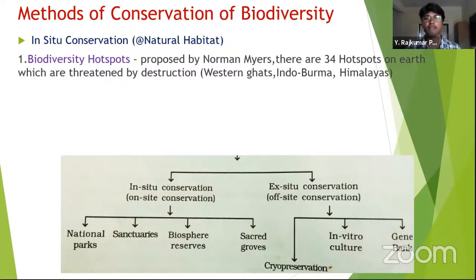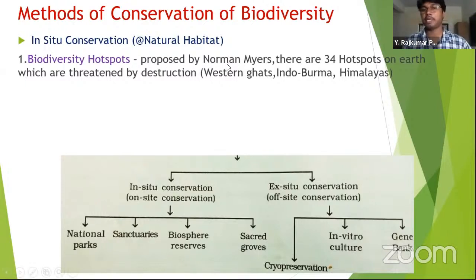That means the government takes an initiative for the protection of these species. So here we are protecting the plants and animals in one particular location for their natural habitat. We are not bringing the plants and animals to another place, hence it is in situ conservation. We are protecting the plants and animals in their region, in their natural habitat.